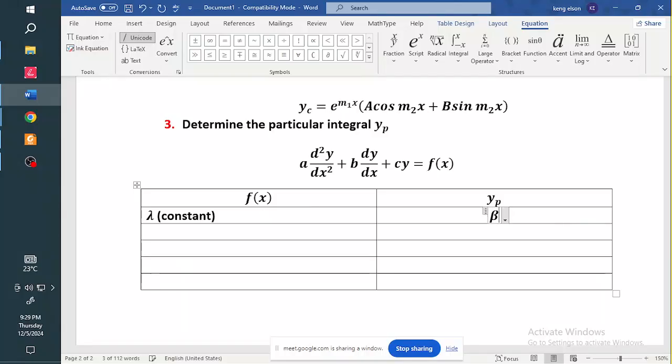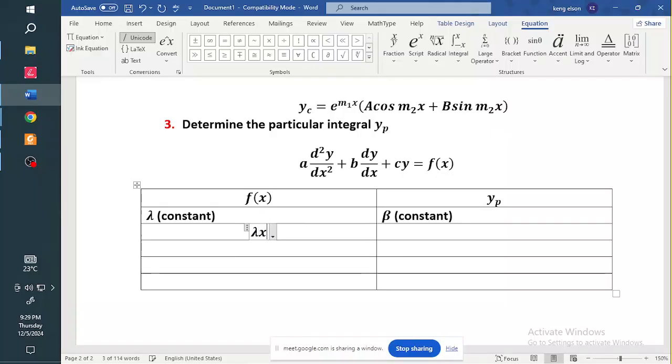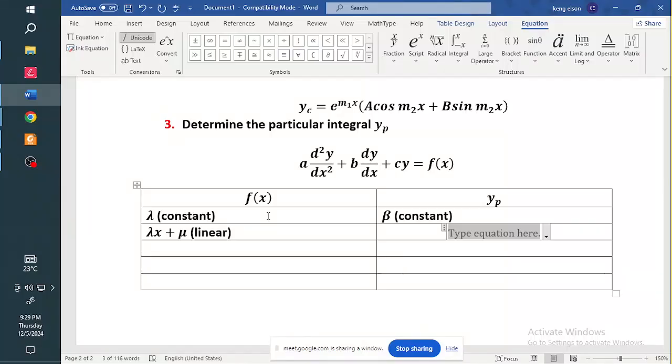We can call it beta, not the same constant. Now if your f of x is linear, let us say lambda x plus mu, then your yp is also going to be linear. I can say maybe beta x plus alpha.